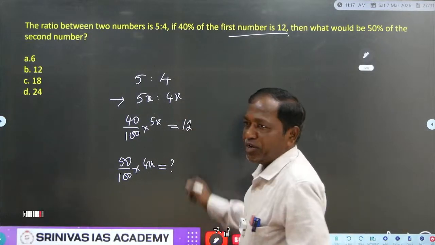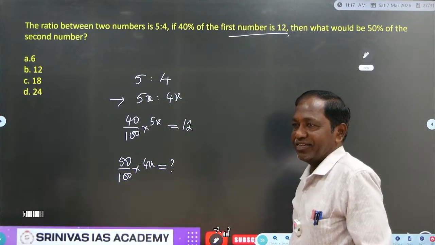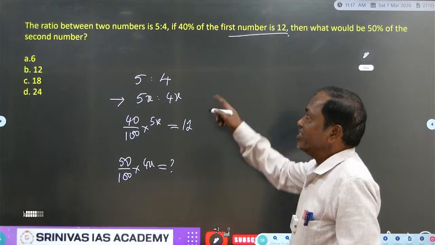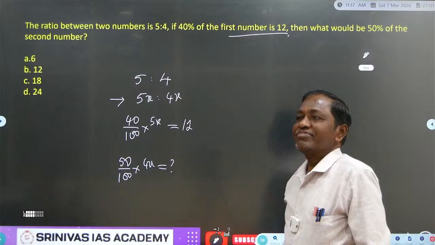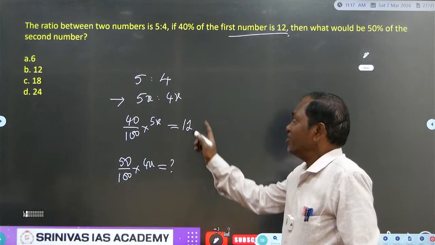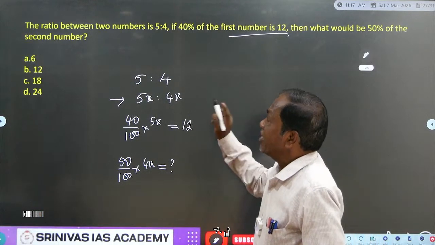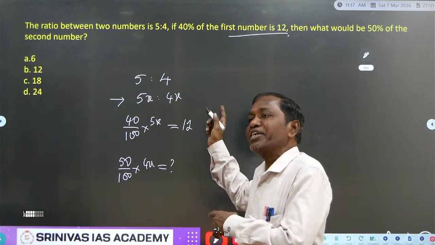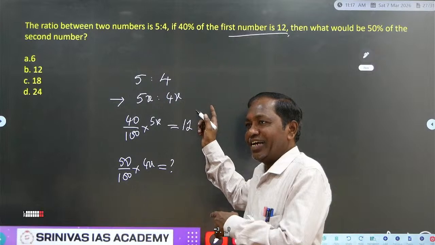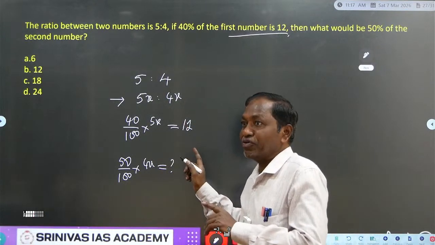To know the x value, you can put x only. No, because if they say another number, you can put y.